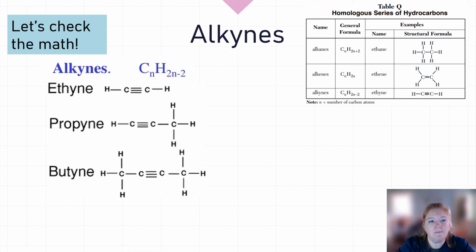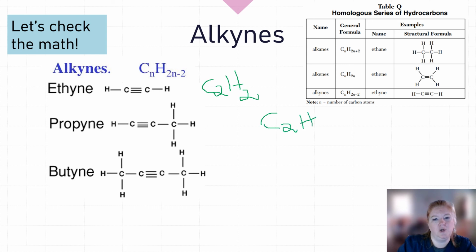All right, so here are some alkynes. We're going to check the math again. So ethyne, how many C's do we have? 2. How many H's do we have? 2. Does that math check out? Well, it was C2 and then H(2 times 2 minus 2). Yep, that math checks out. Let's check propyne's math. How many C's do I see? 1, 2, 3.